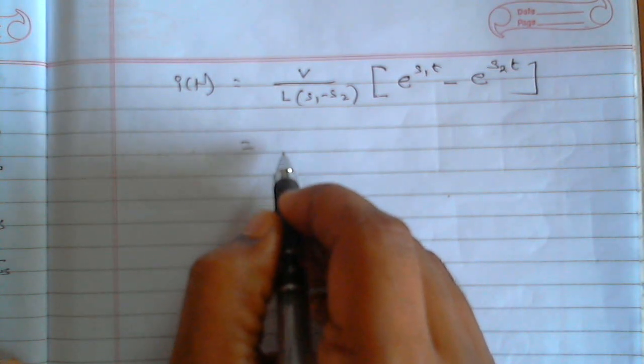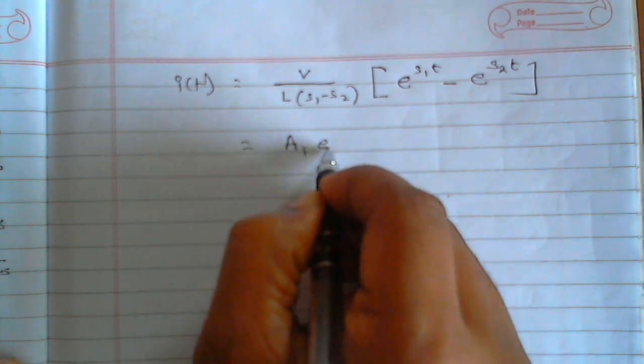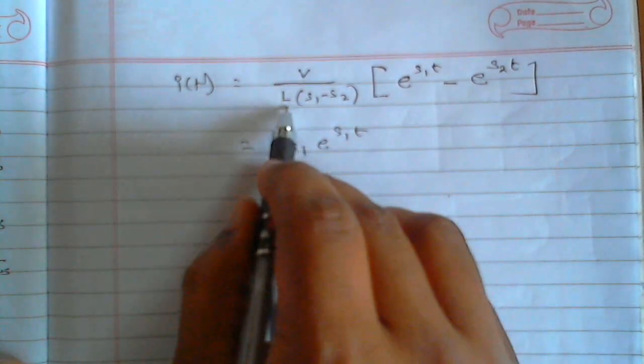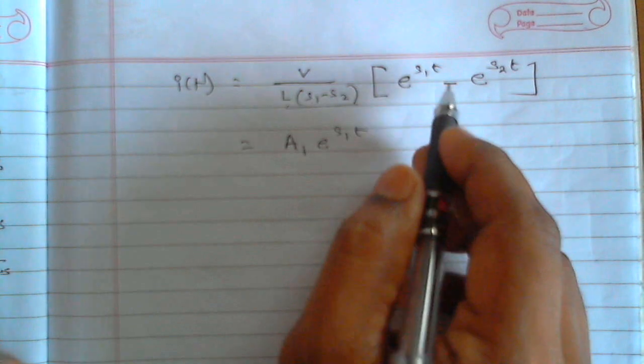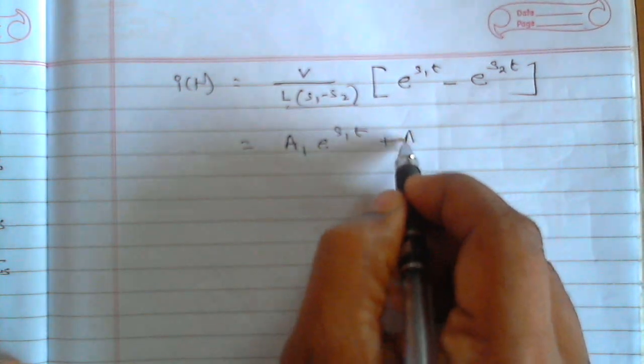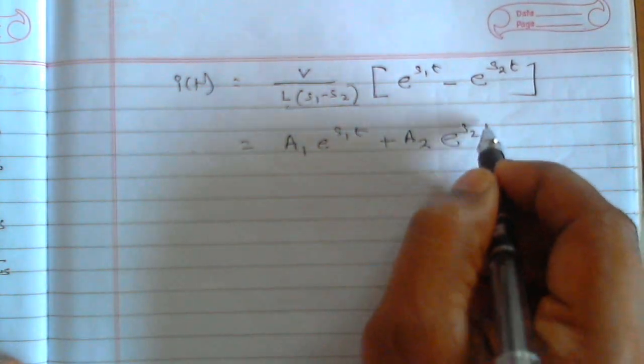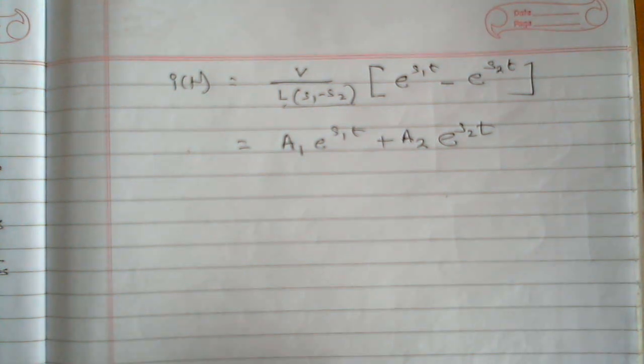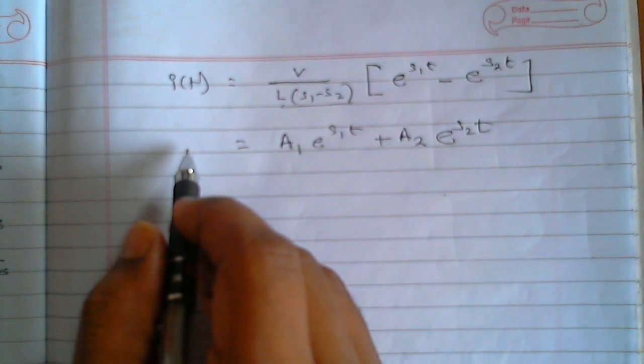I can write it as A1 e raised to S1t. See, this is A1, and with the minus sign adjusted it becomes A2, so I can write A2 e raised to S2t. This is how I will get I of t.